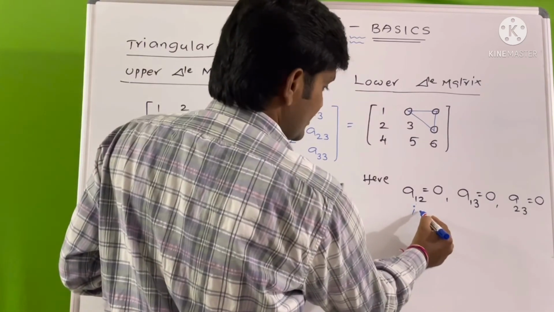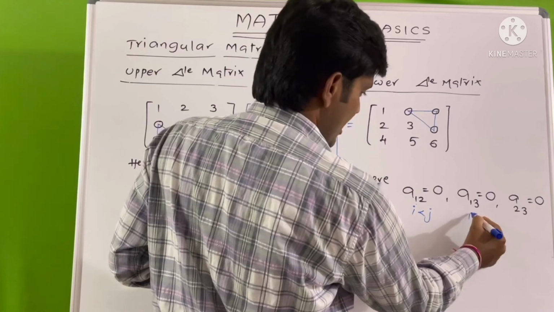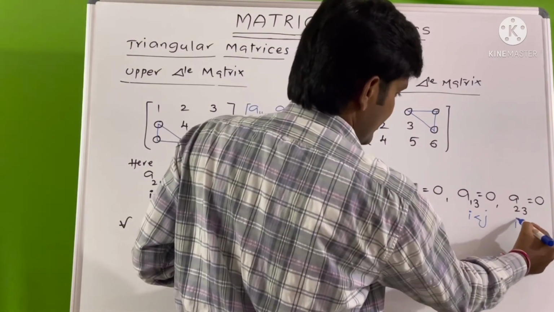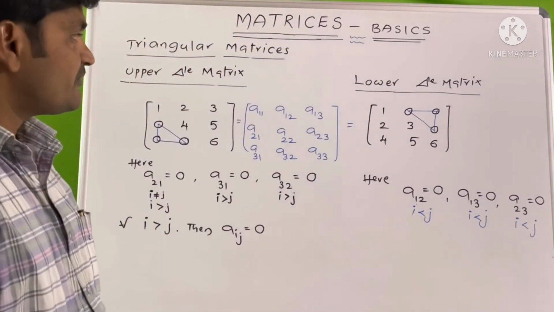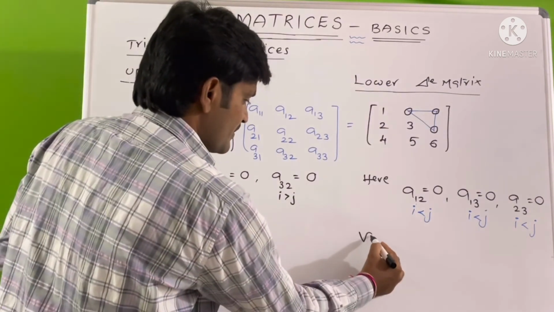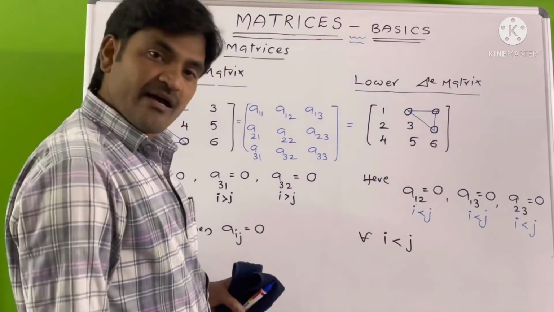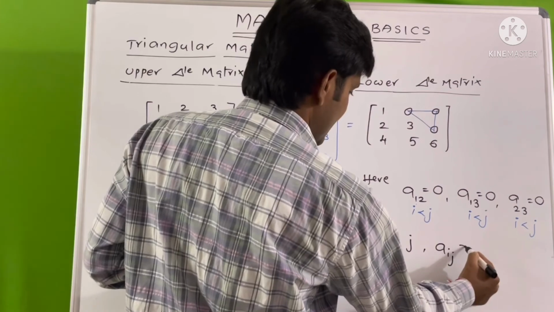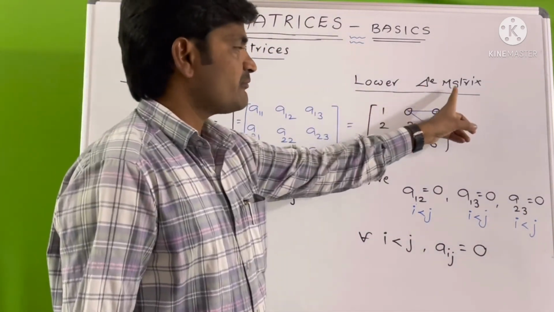So i less than j. Here also i less than j. Now the definition of lower triangular matrix is: for all i less than j, then aij value is 0 is called a lower triangular matrix.